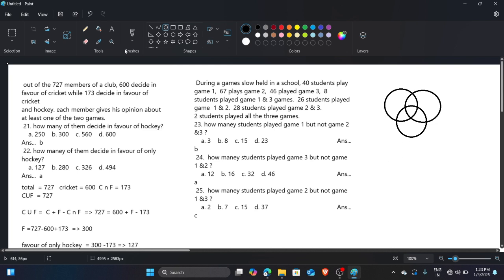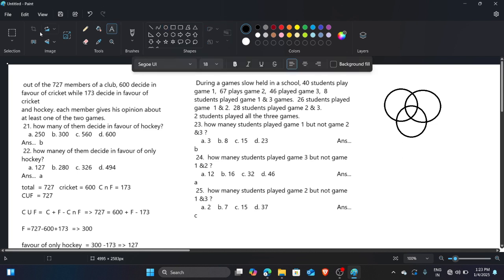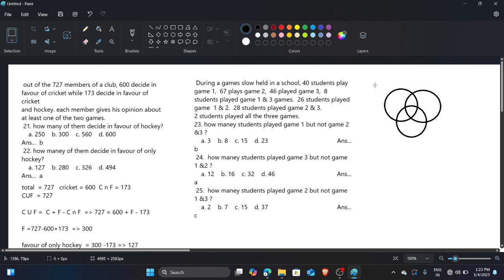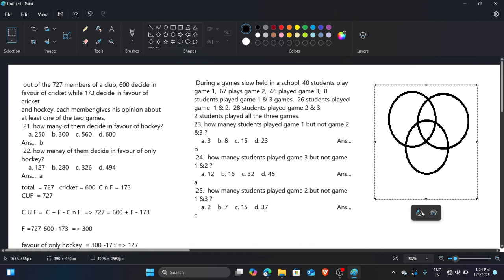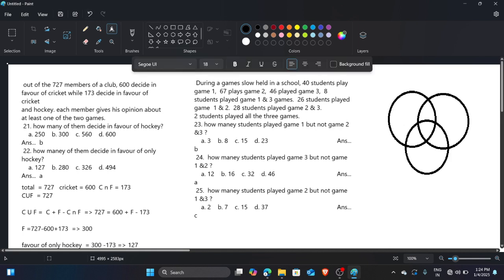Okay, now we have to make it a little bit larger so that I can easily denote everything. Now, 40 students play game one. So let me consider this is game one, and the number of students is 40.